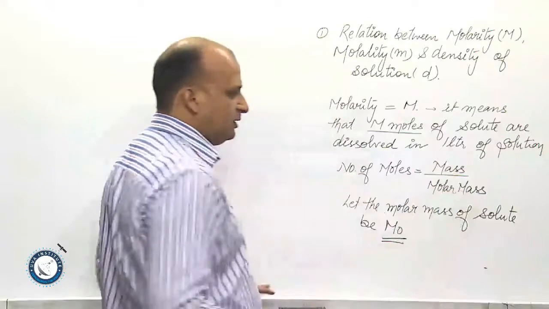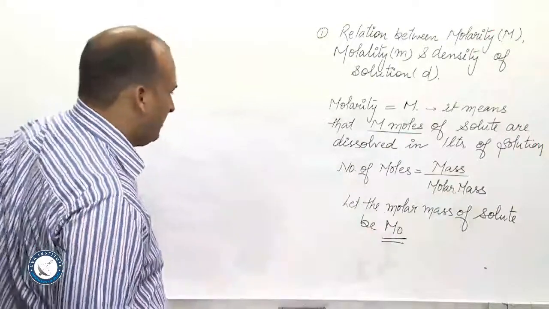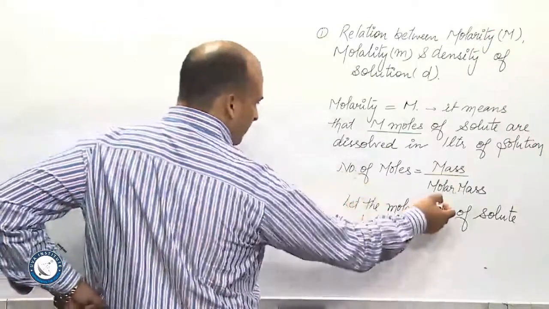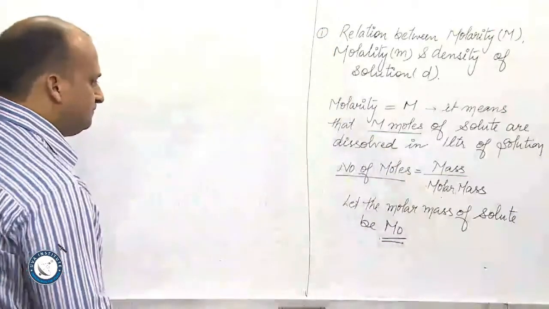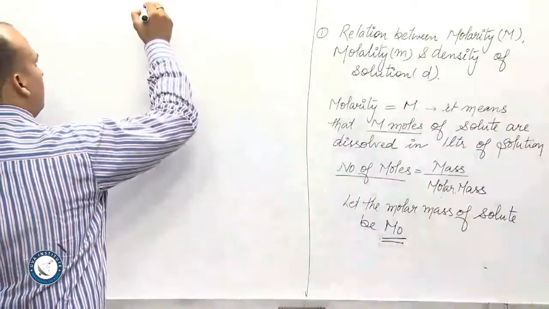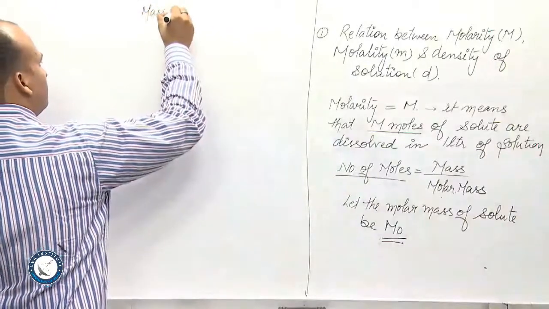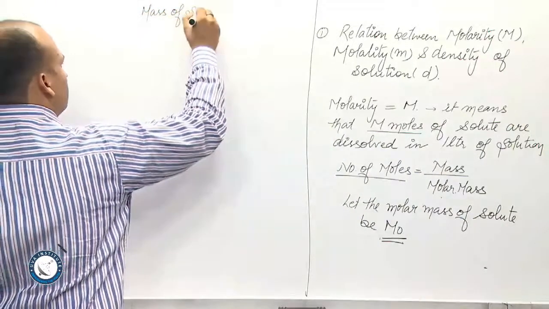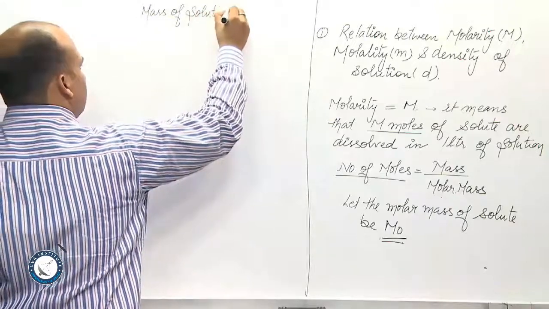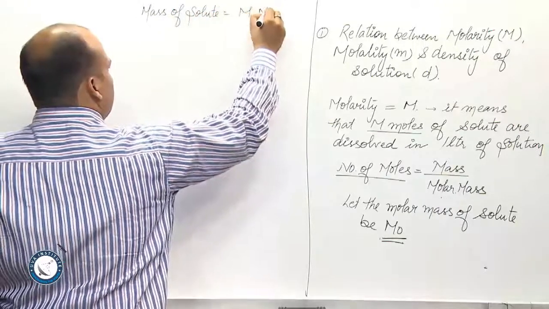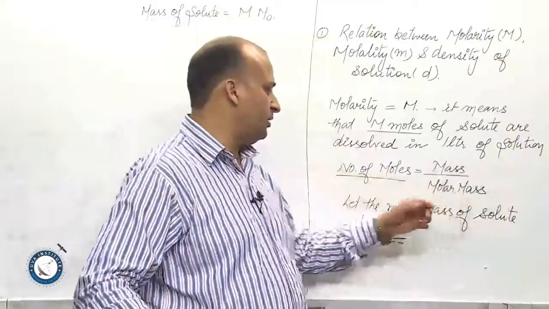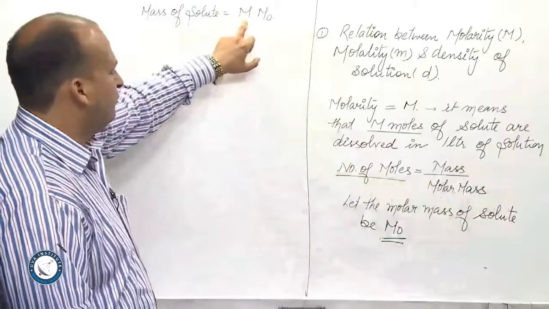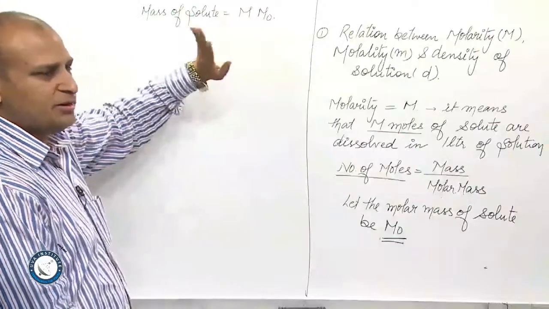Instead of molar mass I am putting M naught. So, mass of solute is equal to M into M naught. Number of moles is M, molar mass is M naught. Is this point clear to everybody?